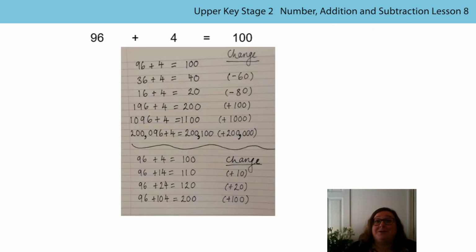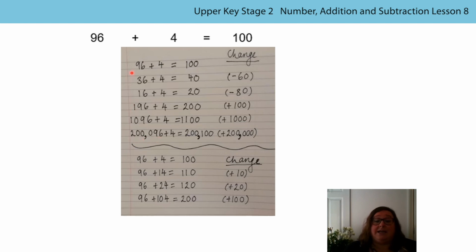Welcome back. What did you find out? How did you change your equations? You might have recorded your equations like me, or you might have done something different. Maybe you were a bit more systematic. What do you notice about how I changed my equations? I started off in this top section by changing the first addend.